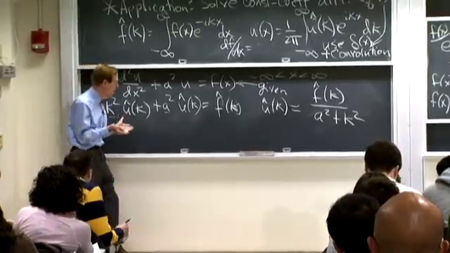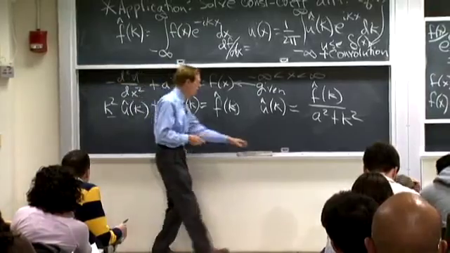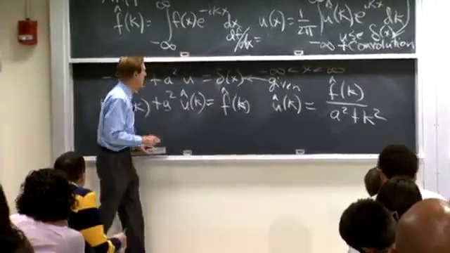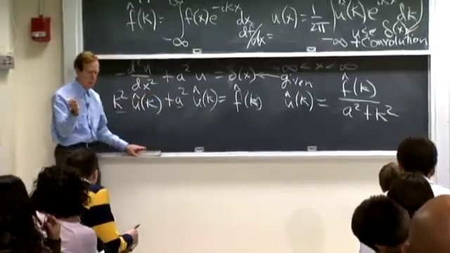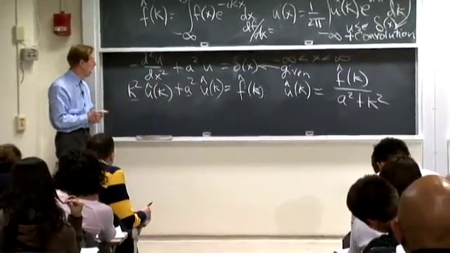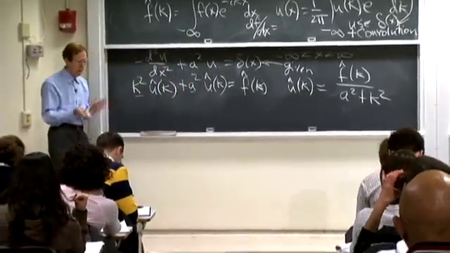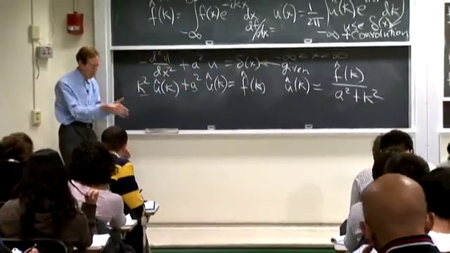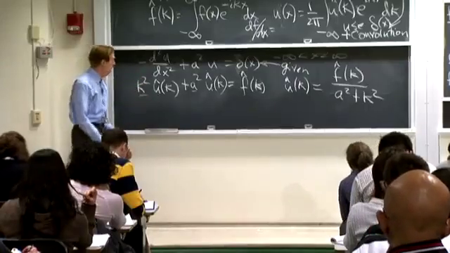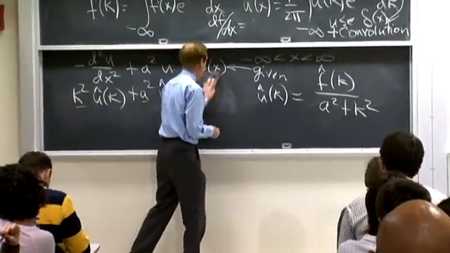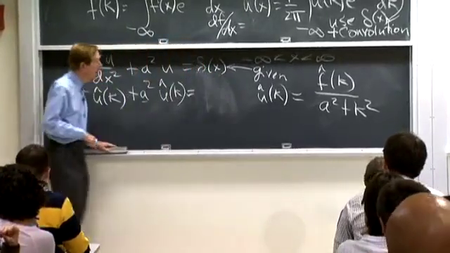So let me do the example where f of x is the delta function. So now we're really close to where this course began. Differential equation with a delta function. The only new thing is we're not on an interval, we're on the whole line. Okay, so I take transforms. So what's the transform now of this specific f of x?